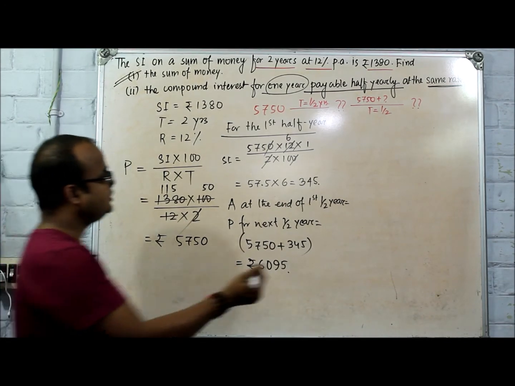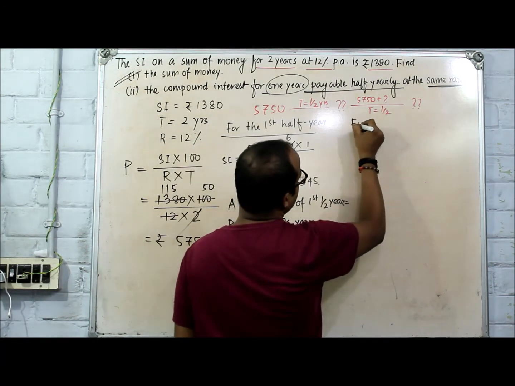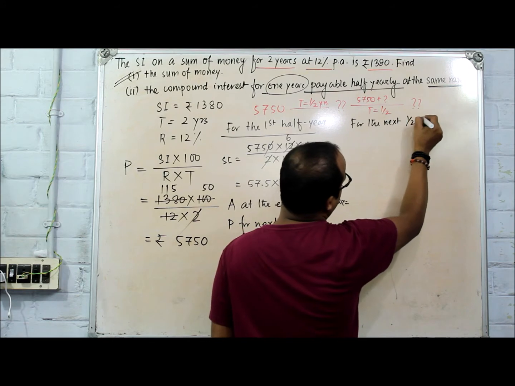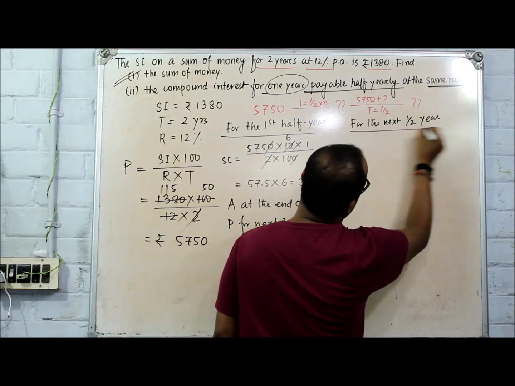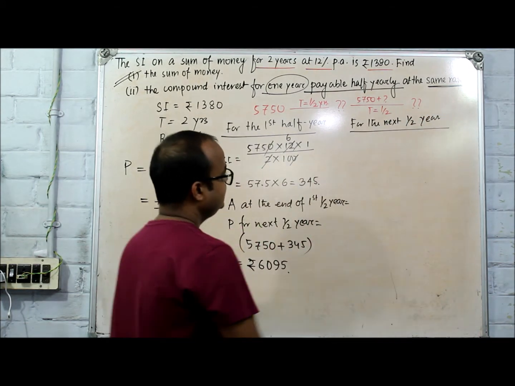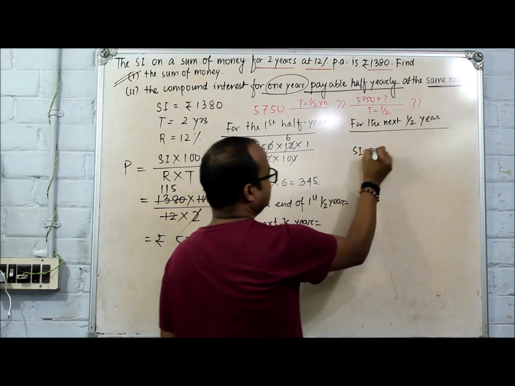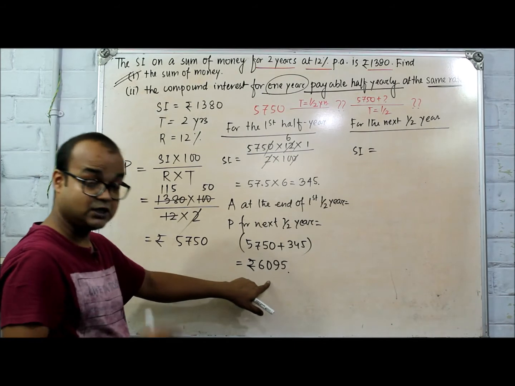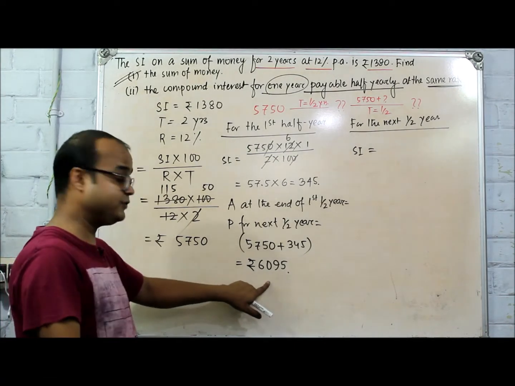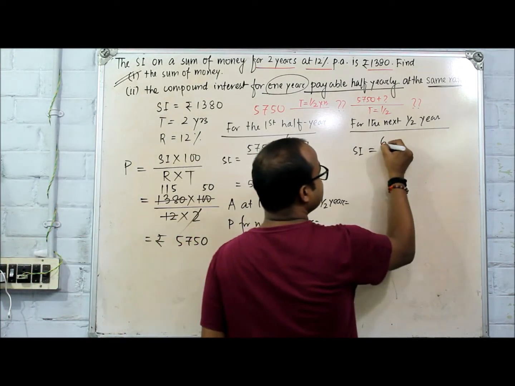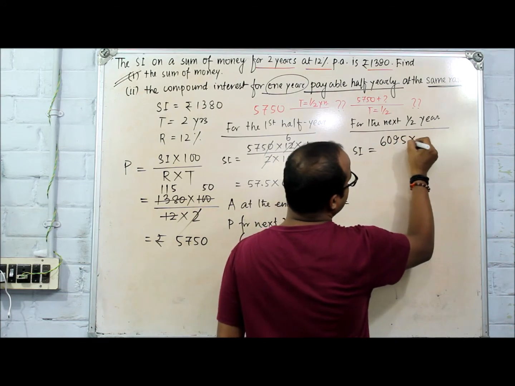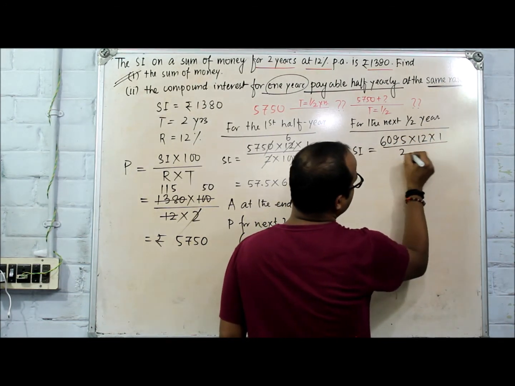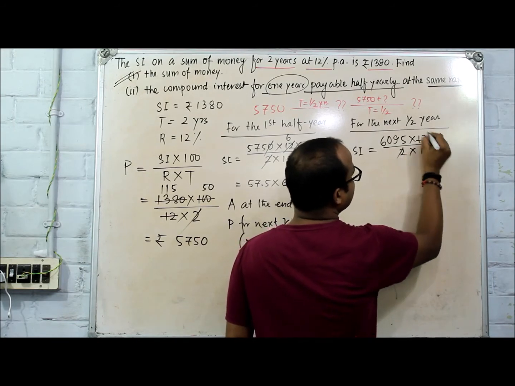Clear? Now we are going to calculate for the next half year. For the next half year, SI is equal to, now see, the amount at the first half year will become the principal for the next half year. So 6095 into rate of interest is same, time is 1 by 2 into 100, 2 sixes are 12.